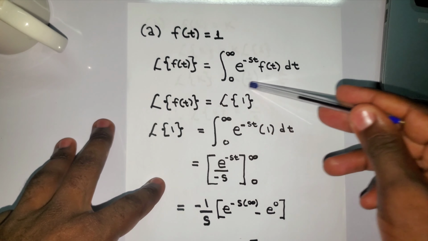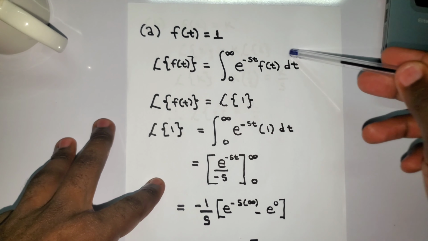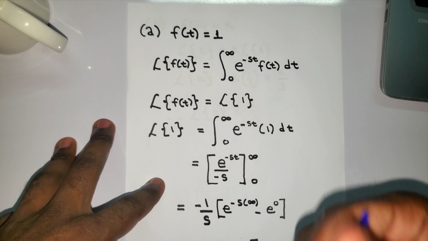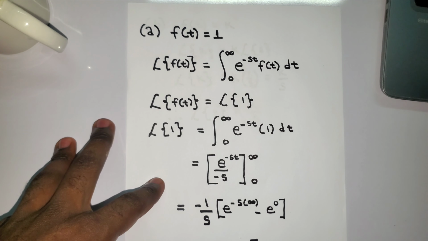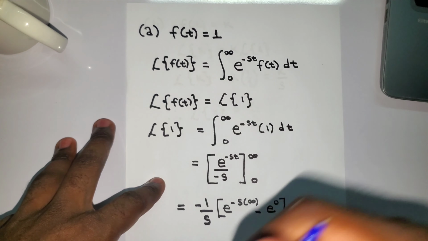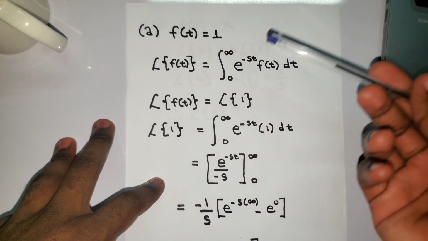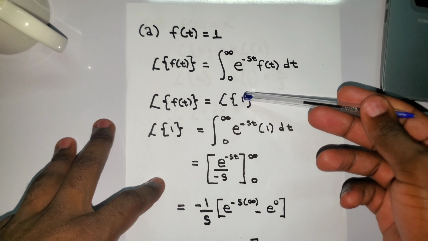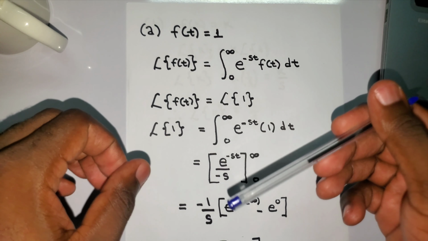As you can see, this right here is the definition of the Laplace transform, and f of t is the function that we are performing the Laplace transform on, and so we put that function where f of t is. In this case, the function is simply a 1.